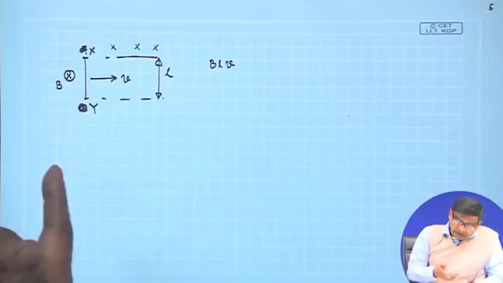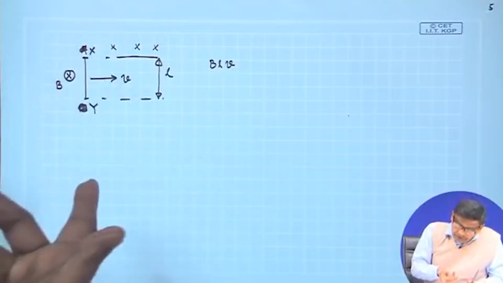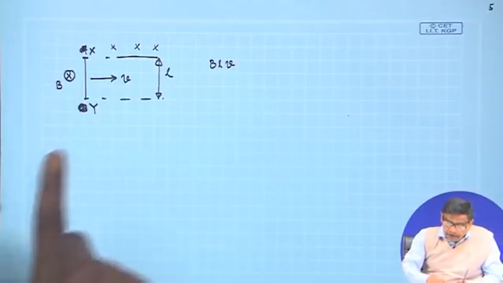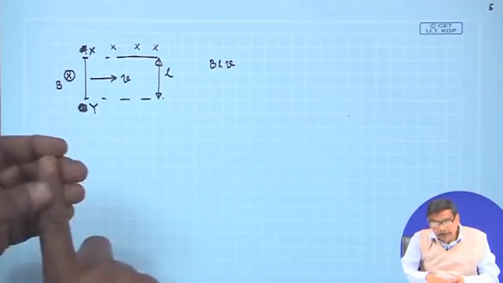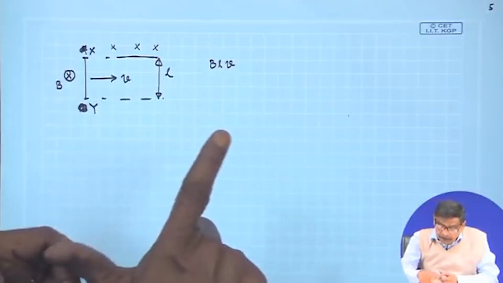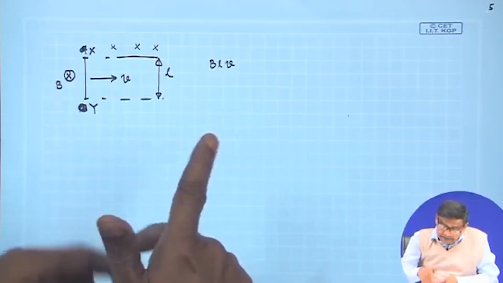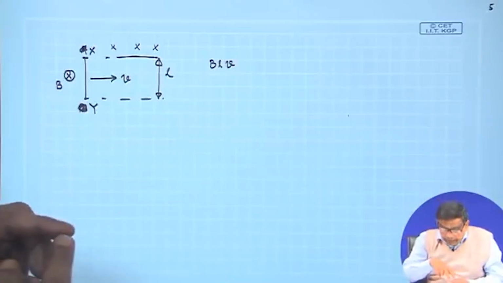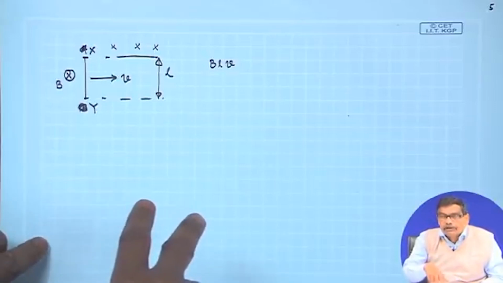Now, the question is what should be the polarity of these voltages. If you apply, you have to apply your right hand rule. You recall that your forefinger will always denote B, the thumb will denote the velocity, and the tip of the middle finger will give you the plus sign of the voltage induced.